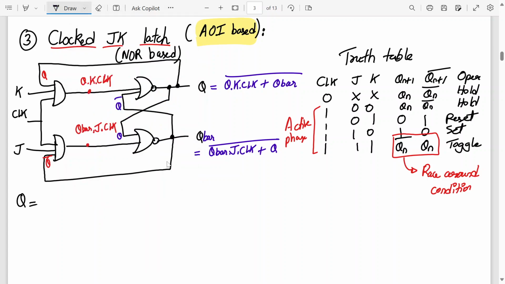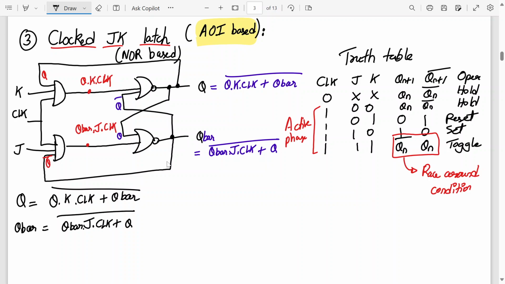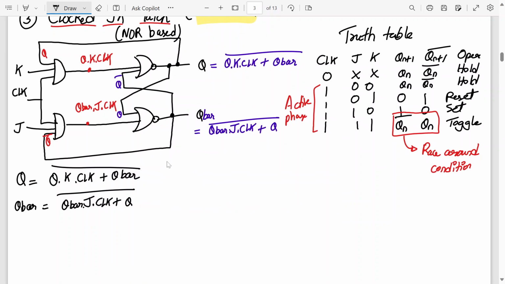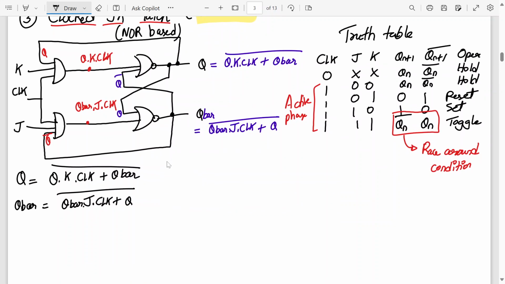So Q is Q dot K dot clock plus Q bar, the whole bar, and Q bar is Q bar dot J dot clock plus Q, the whole bar. So we have to implement this using static CMOS logic. I told you it's slightly level up.